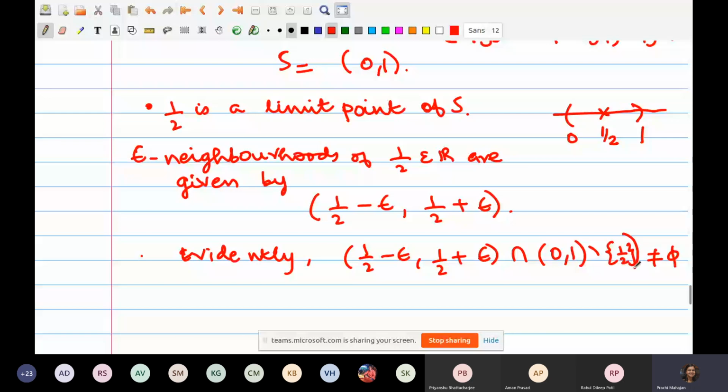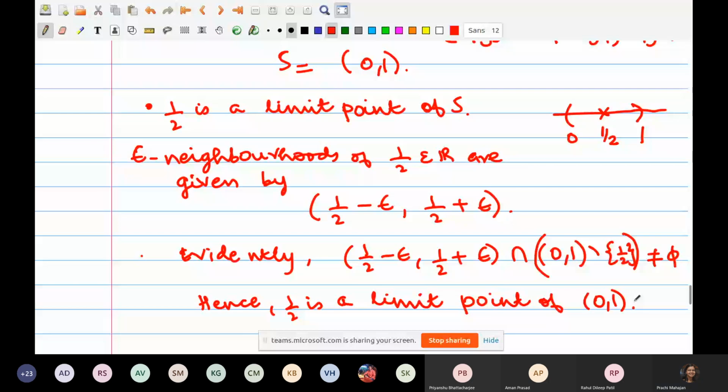And hence, conclusion, half is a limit point of the open interval (0, 1) in the Euclidean metric. Is that correct? Is everybody with me?